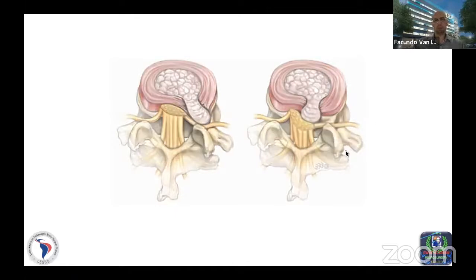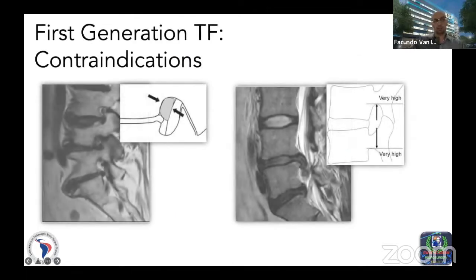So there were several limitations and contraindications to the transforaminal access. For example, if you had a severe foraminal stenosis, with the first generation of transforaminal access, you weren't able to get into the pathology.